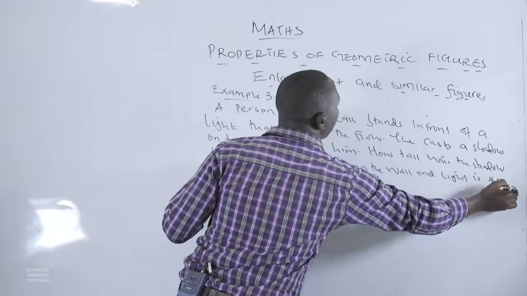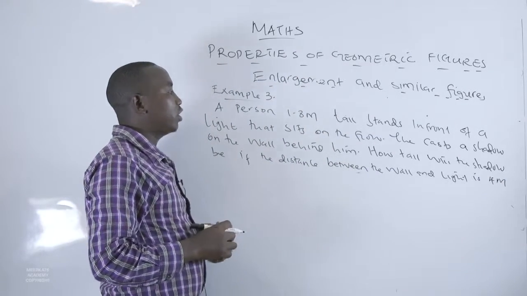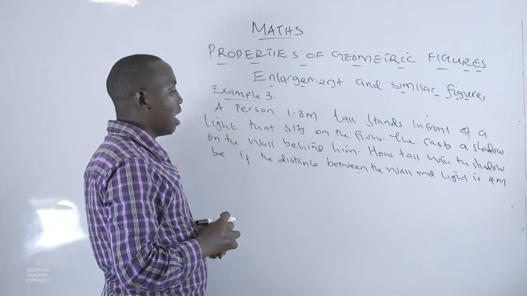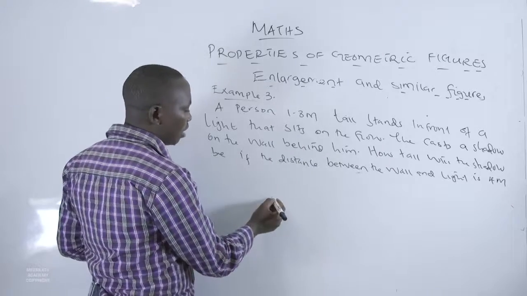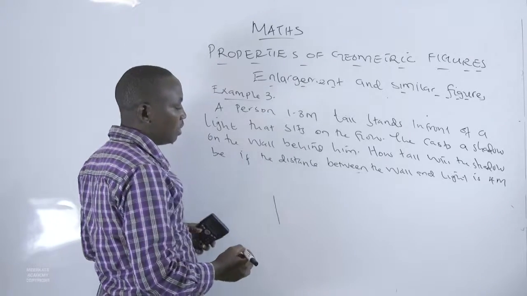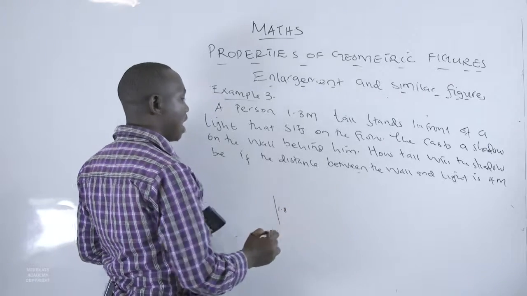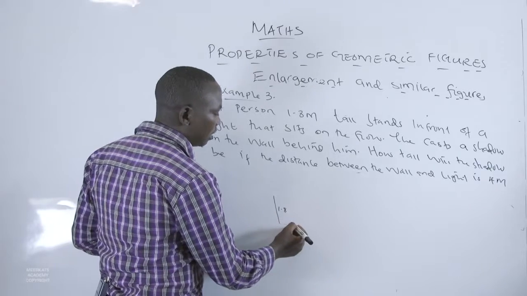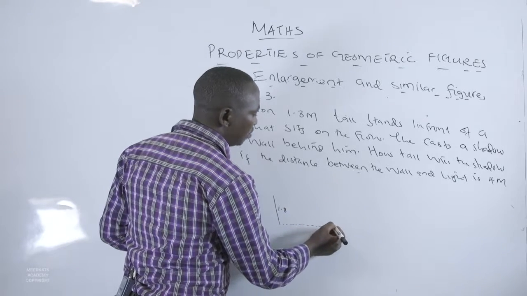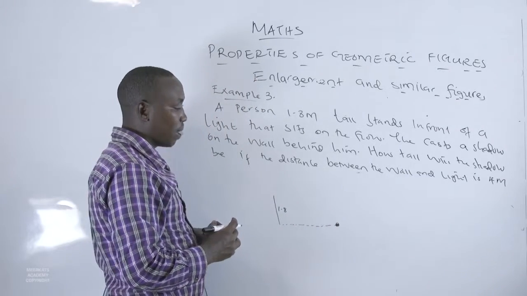So here we have a question where we have a person who is 1.8 meters tall. So let that be that particular person, 1.8 meters tall. And we are told that he is standing in front of a light, and this particular light is sitting on the floor.